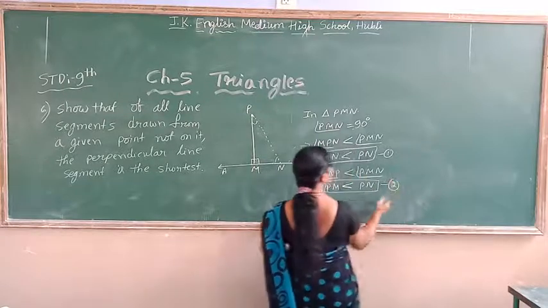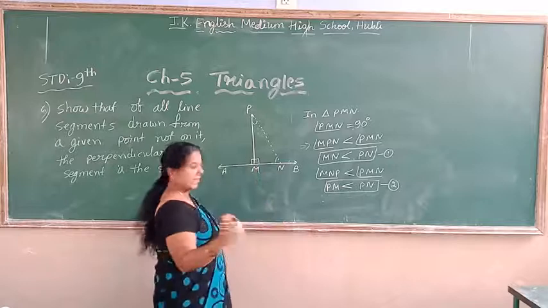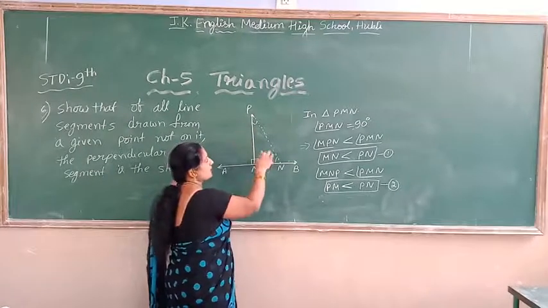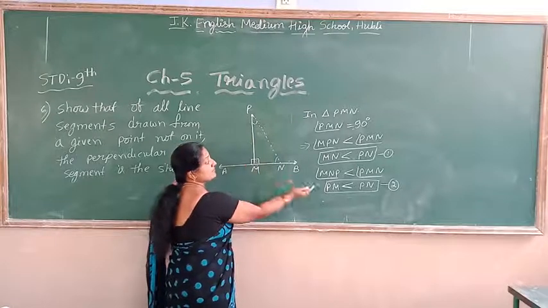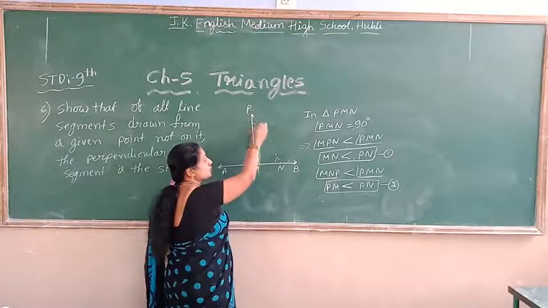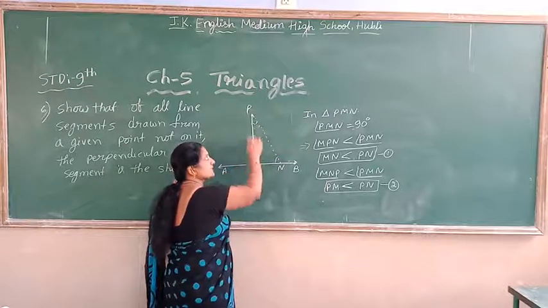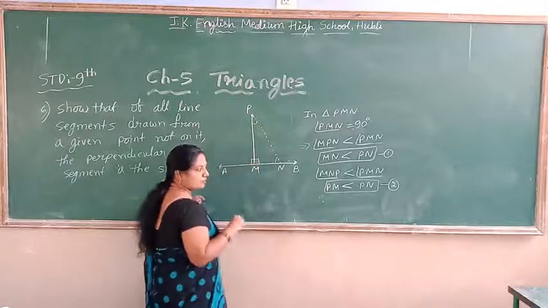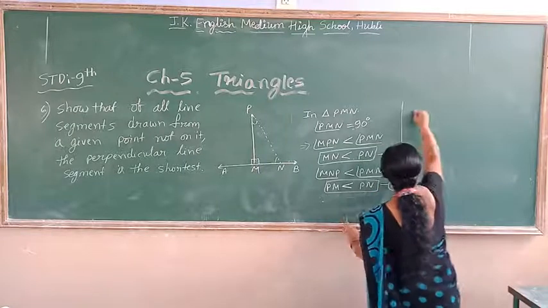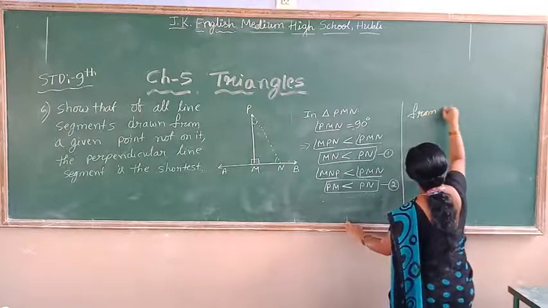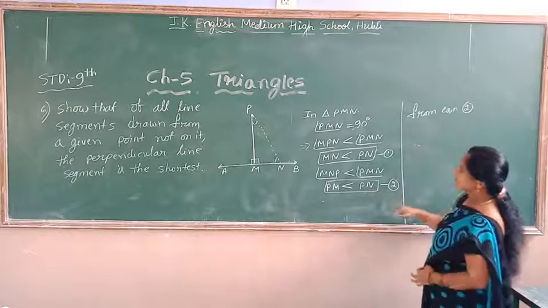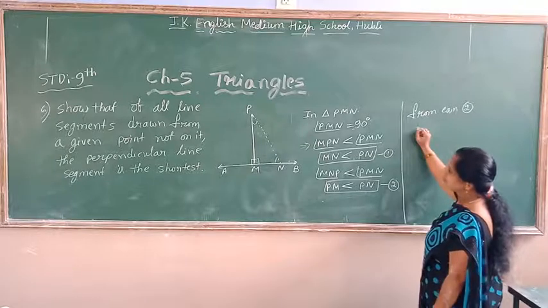See, we come to know. So only we have to compare these lines. If I draw so many lines also, those lines will be greater than this, so this is the shortest. So from equation 2, we come to know that PM is less than PN, means PM is perpendicular.